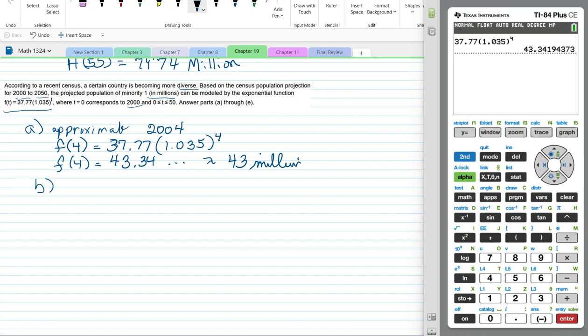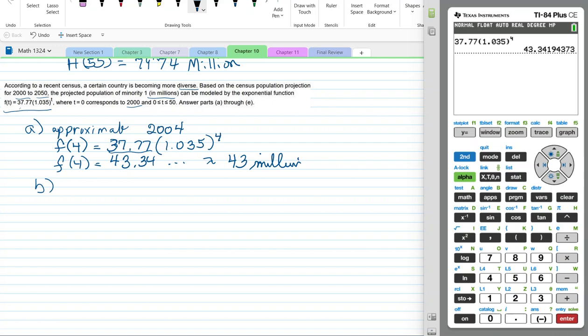All right, so we're going to do the B, which is, okay, this was our minority group at 2000, at 37.77.